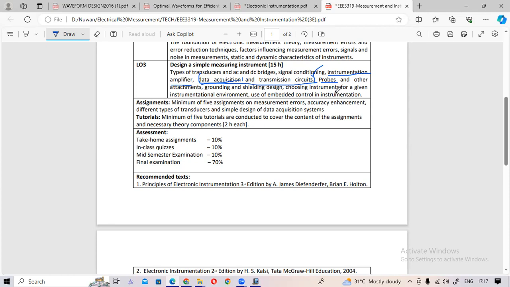And also, sometimes when we are measuring signals, we don't know the signal power. If the power is too high, the instrument can be damaged. For that also, we are using attenuators with the probes. Then we can attenuate the signal.